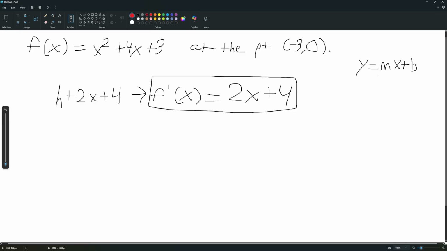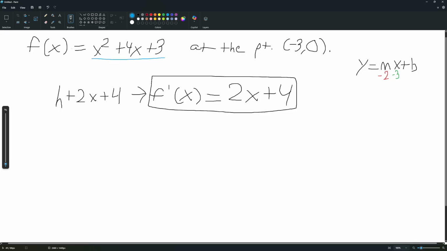That is our m, -2. We also know that our x is -3 because that is the x value. So I'm just going to put -3. Now to find our y value, we're going to plug in -3 into this function, as f of x is equal to y.